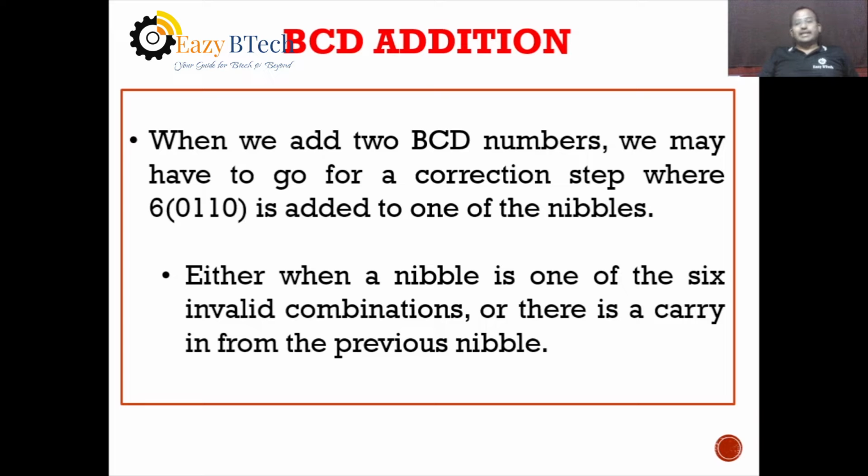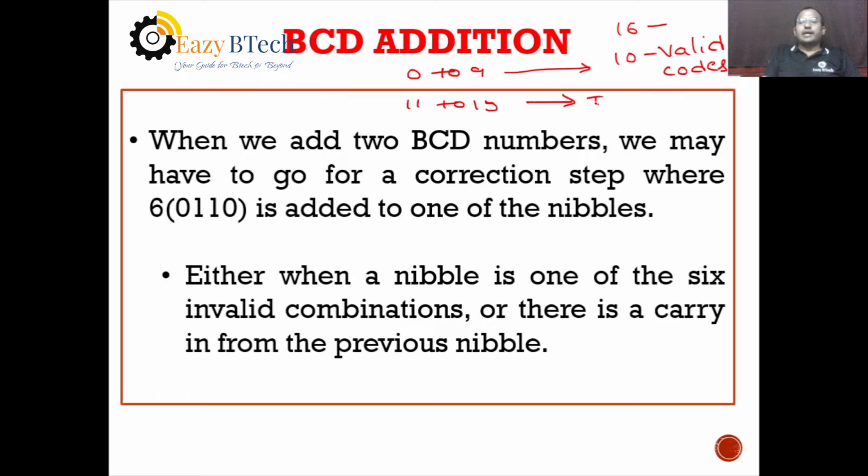It is like normal addition only, but the thing is, as we have said, there are only 10 valid combinations out of 16. Only 0 to 9 are valid codes, and 11 to 15 are invalid codes.